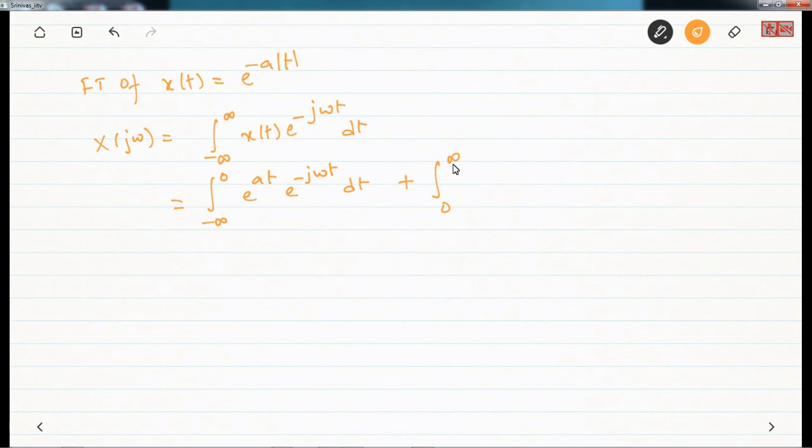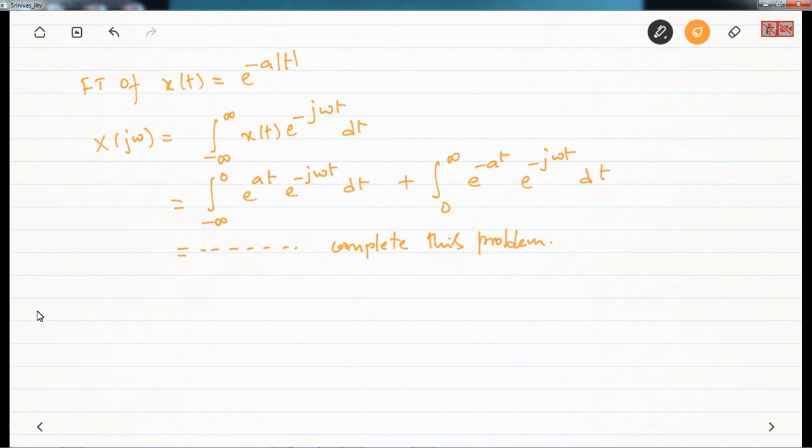In the interval from 0 to infinity, mod of t becomes t, so it will be e power minus at. Right. So can you complete this? This is another of your homework.